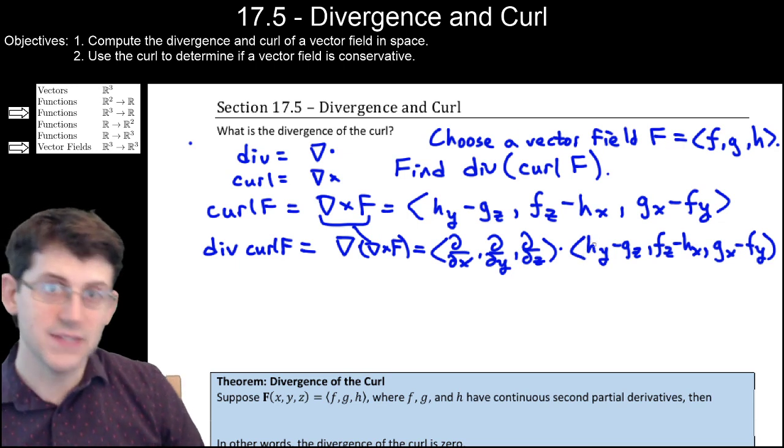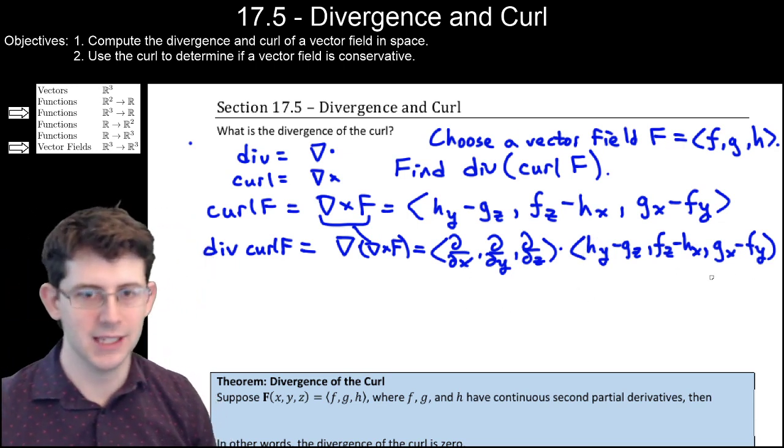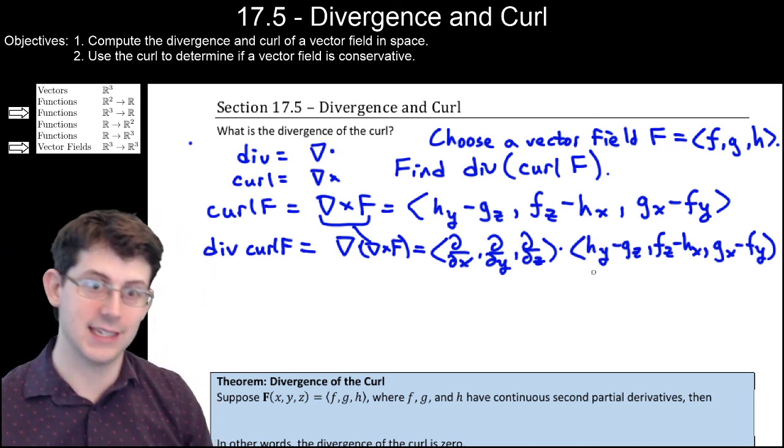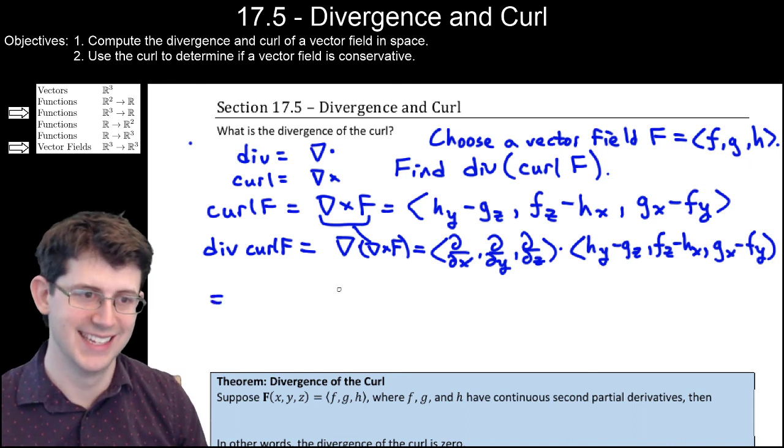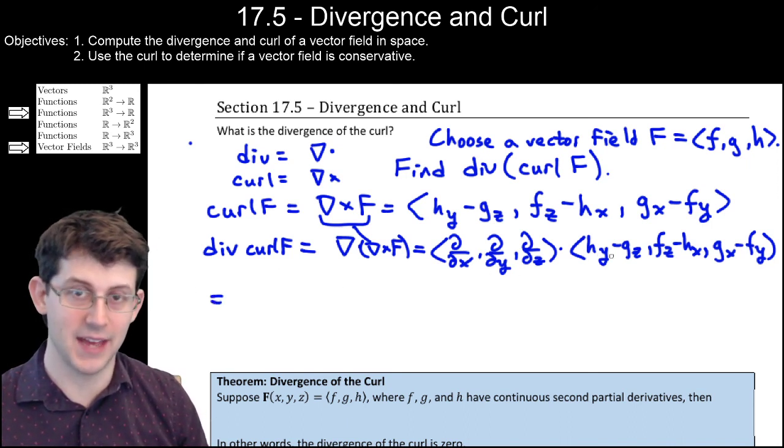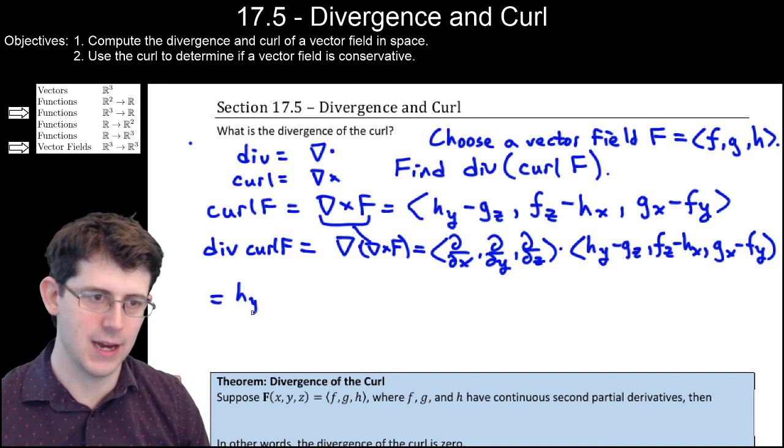And just like on the previous page, you should believe that no one would ask you to do this unless something good was about to happen. So we take partial x of the x slot. So I get hyx minus gzx.